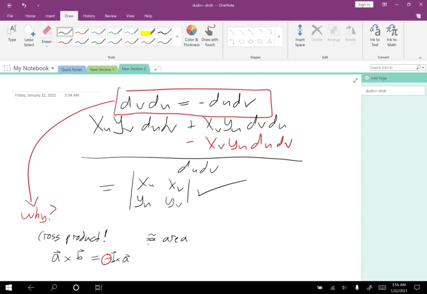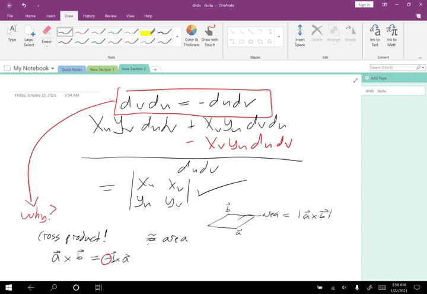Right? Because you'll know that the area of a parallelogram with sides given by these vectors, the area is actually the length of A cross B, the cross product.